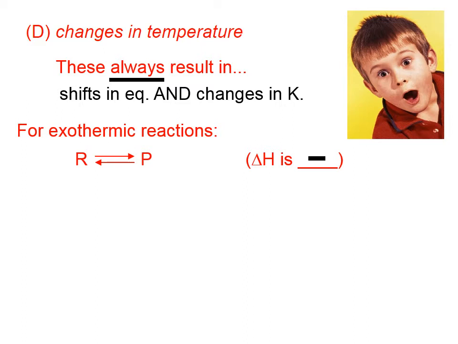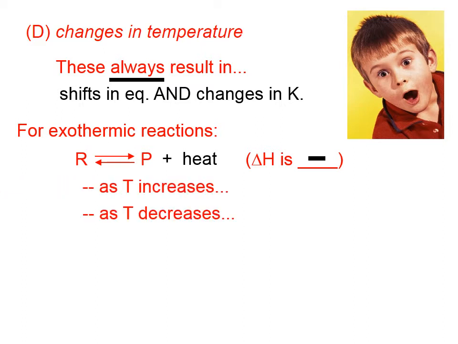Delta H is the change in enthalpy, but we can think of it as heat. Heat exits the system. So if we wanted to put heat into this equation, we would put it on the right side. In other words, when this reaction proceeds, we produce some heat.